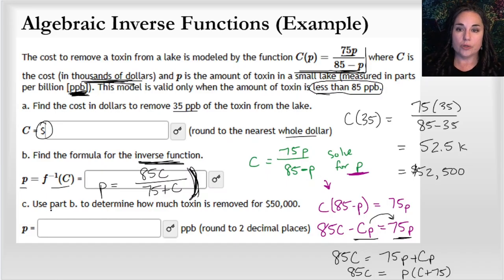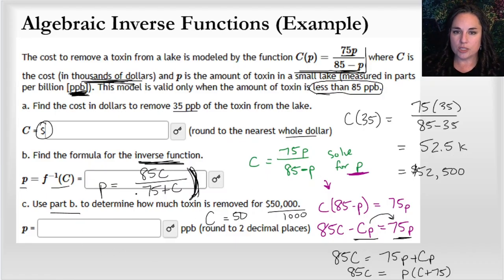Okay, so use part B to determine how much toxin is removed for this many thousands of dollars. So I'm going to say the cost is this number divided by 1,000. The C value that I'm going to put in there is 50. Remember, I got 52.5 over here, so I suspect that this is going to be less than 35, because this number is less than that one.